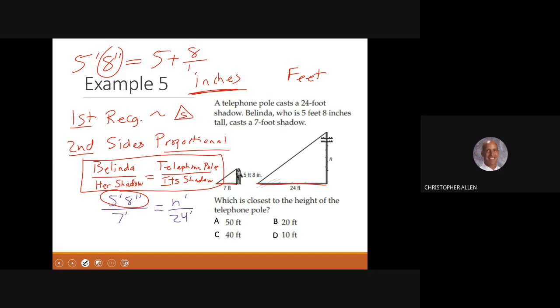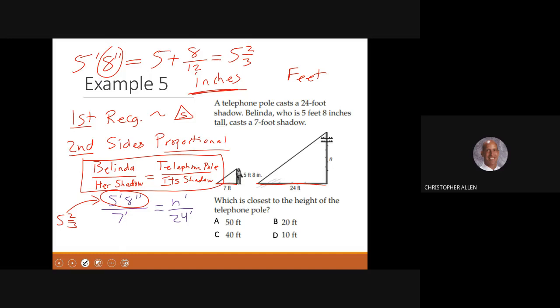Now the answer is 12, because there are 12 inches in 1 foot. In other words, 4 goes in there twice, 4 goes in there 3 times. So in other words, what I need to put in here is 5 2/3 instead of this 5 and this 8.